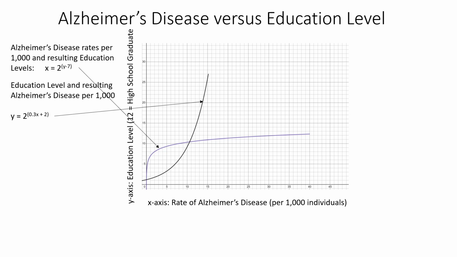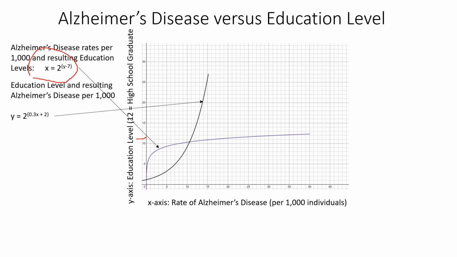Now, on this first graph here is x equals 2 to the y minus 7. I'm sorry, this one right here. And this was saying Alzheimer's rates per 1,000 in education levels. Right here are education levels. Let's see, education 12 equals a high school graduate right here.